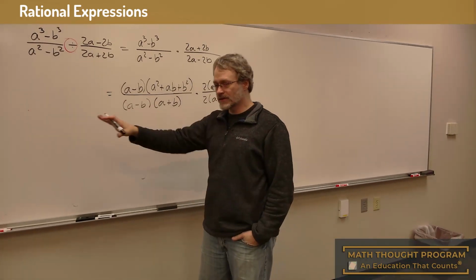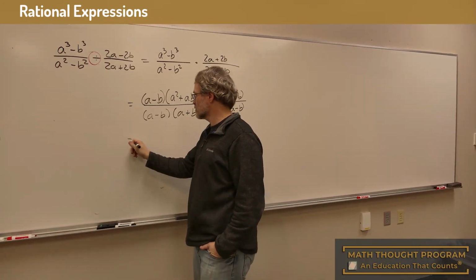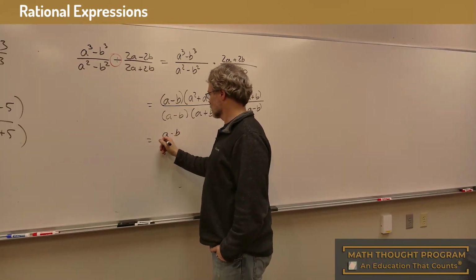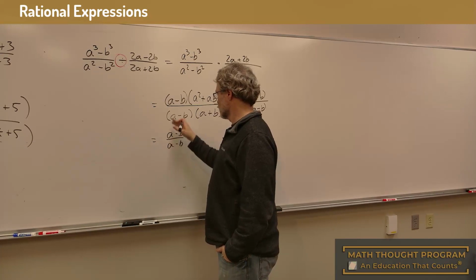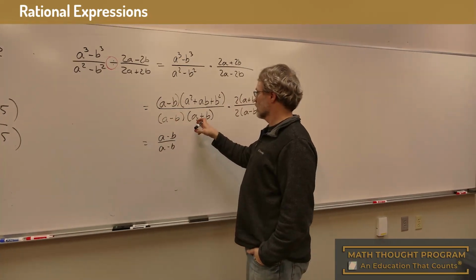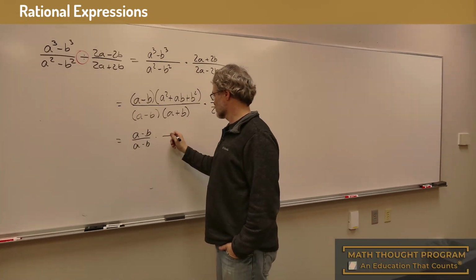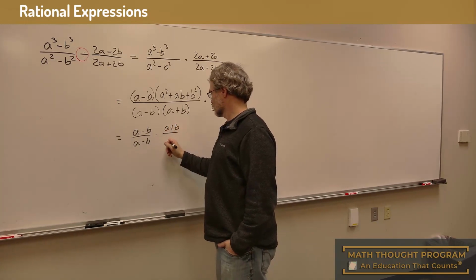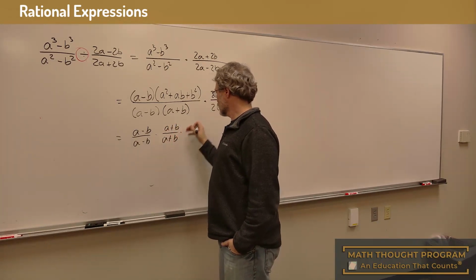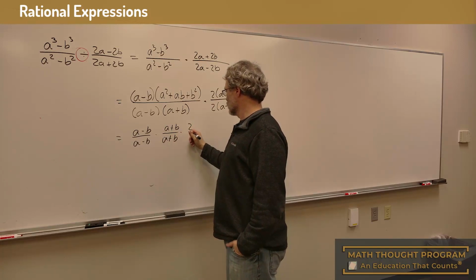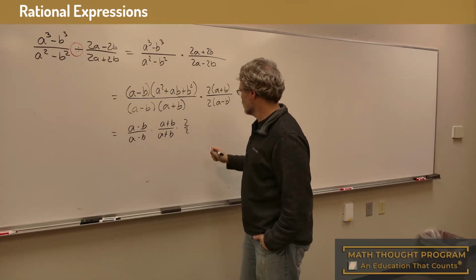Okay, and what I want to do again is I just want to push everything off as a common term. A minus B, A plus B. And this thing here with 2, we'll push that off also.